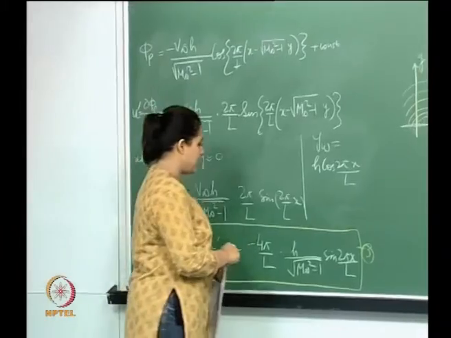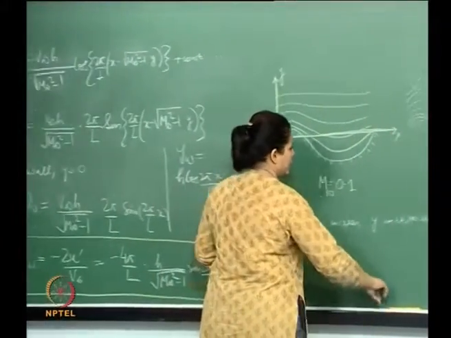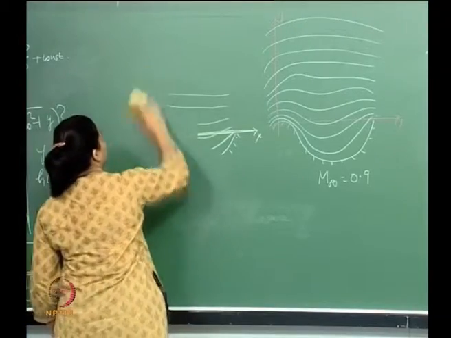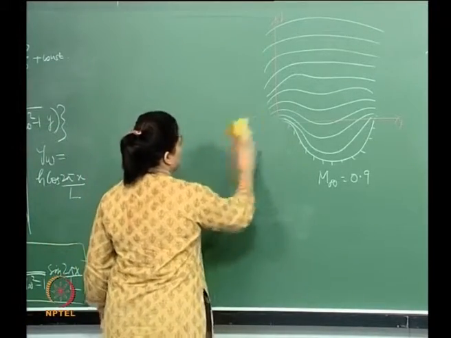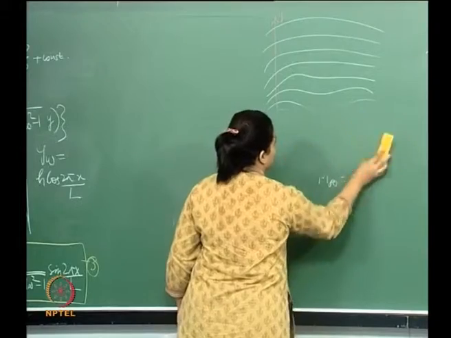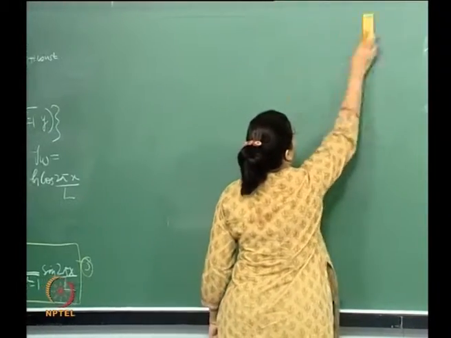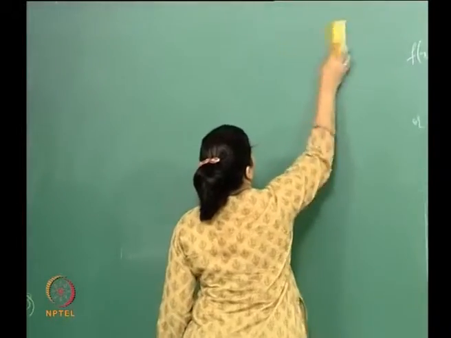Now as we've done before, taking either f as 0 or g as 0, we basically get left running or right running characteristics, right?